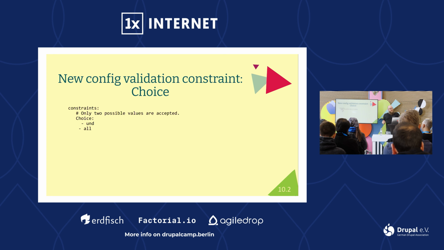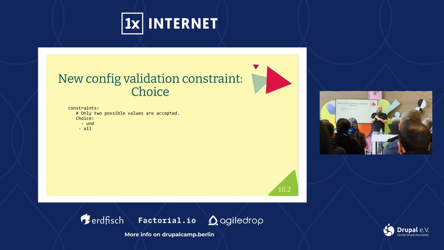There's a new validation constraint added in Drupal 10.2 as well called choice. And choice is actually one that we're going to use a lot in a lot of different kinds of situations, because this gives you a list of possible options. For example, it can mirror a drop down somewhere where you could only define a couple of selections.